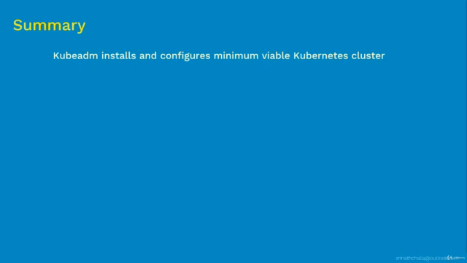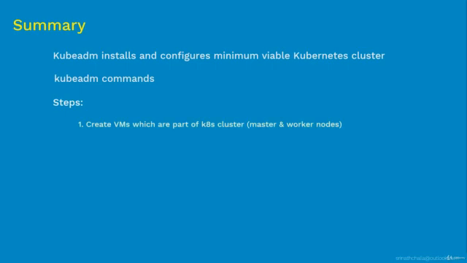Then we discussed kubeadm commands such as kubeadm init to initialize the Kubernetes cluster, kubeadm join to join the worker node to the cluster, and more. After that, we discussed the 6 steps involved in creating a Kubernetes cluster. They are: first, we need to create the VMs.